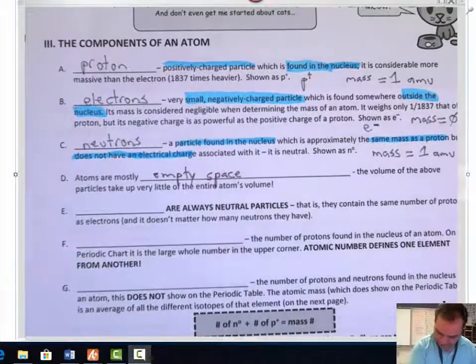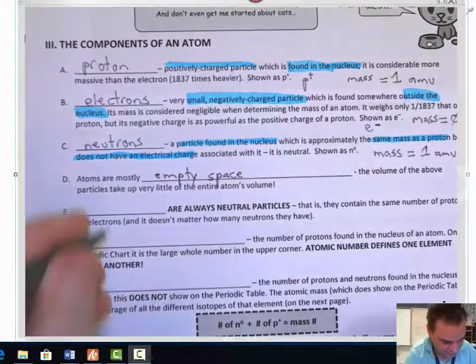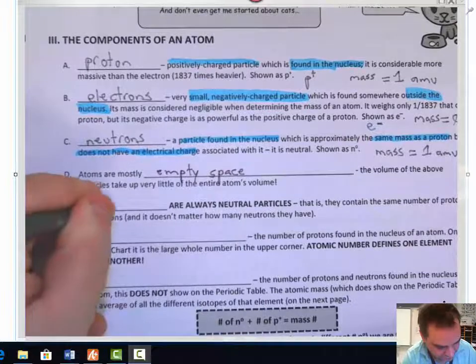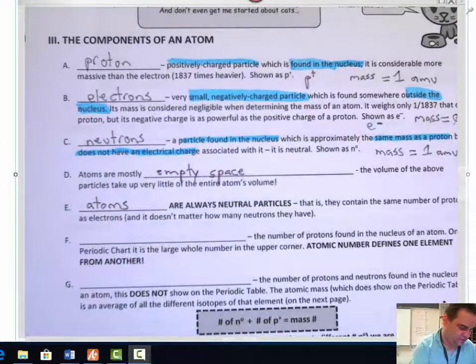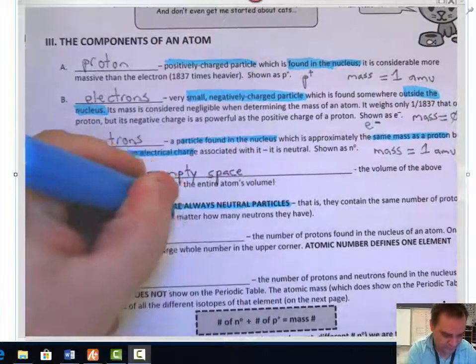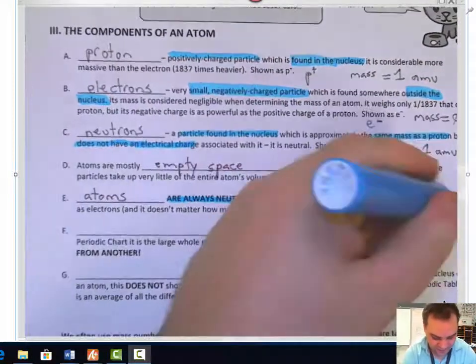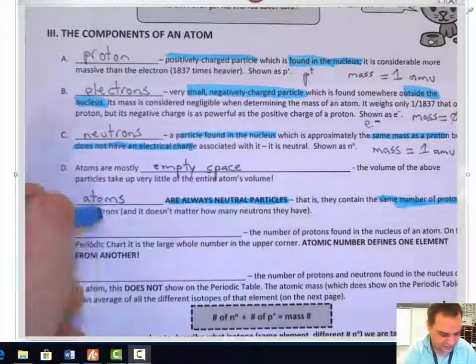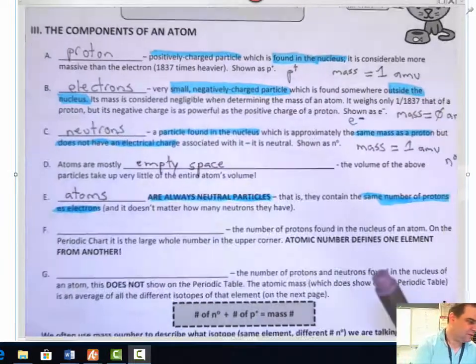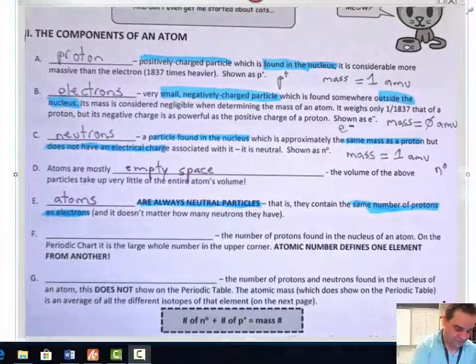Atoms, this is important too, are always neutral particles. They contain the same number of protons as electrons. The neutrons do not matter in determining if it's an atom or not.